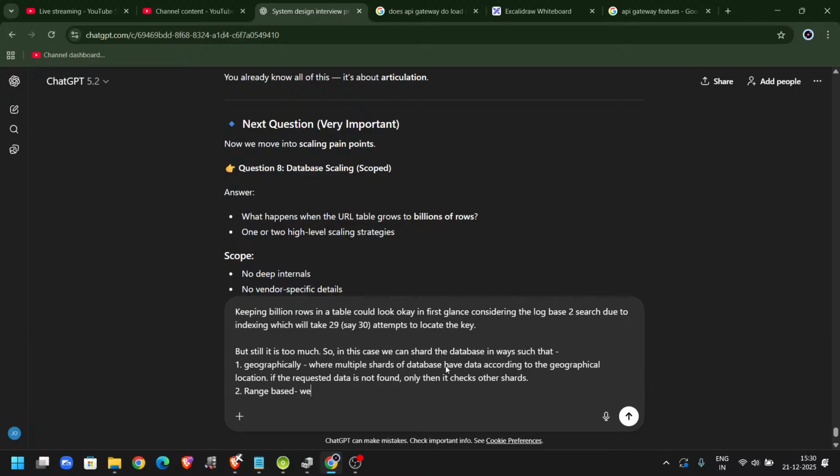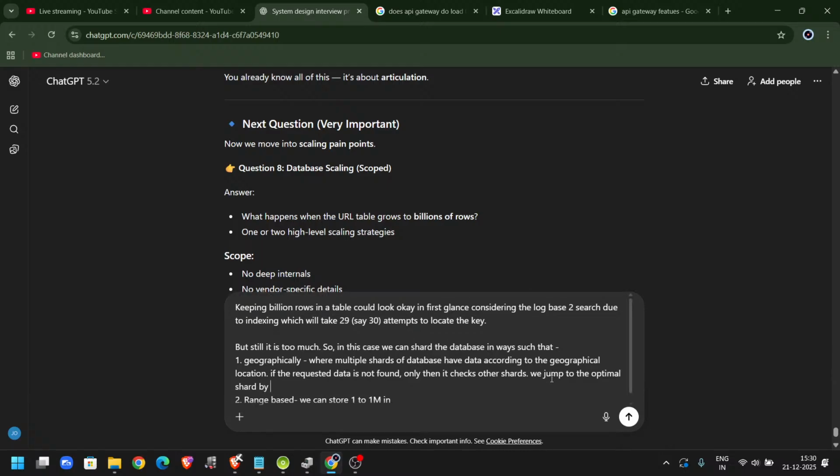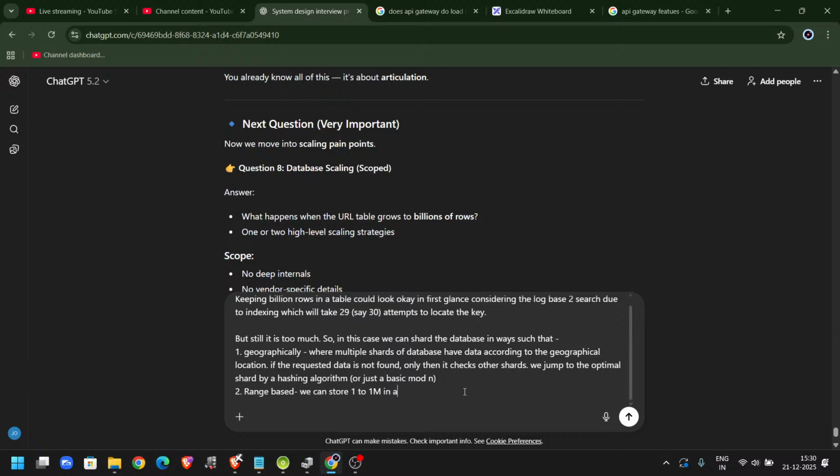Range based, we can store 1 to 1 million in shard 1, 1 million plus 1 to 2 million in shard 2, and so on. Or we can jump to the optimal shard by a hashing algorithm, or just a basic mod n.